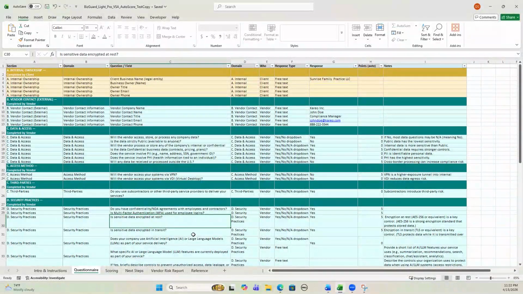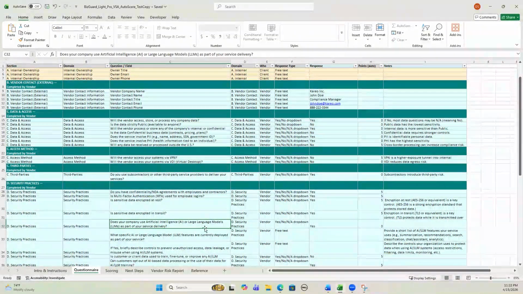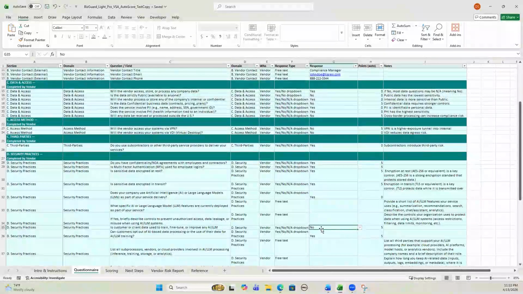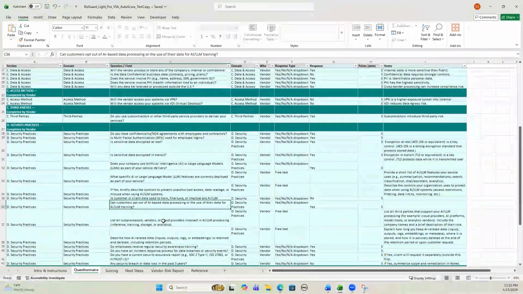So sensitive data is encrypted at rest and in transit. They do use AI, large language models, as part of their service delivery. So I would say yes here, but the client data is not used to train LLM. And then we say that customers can opt out from AI-based data processing.